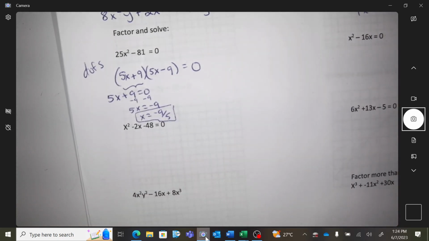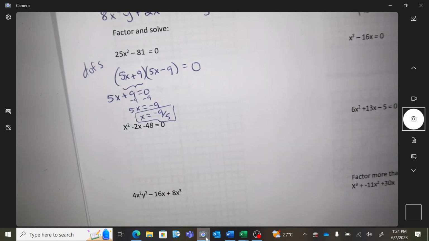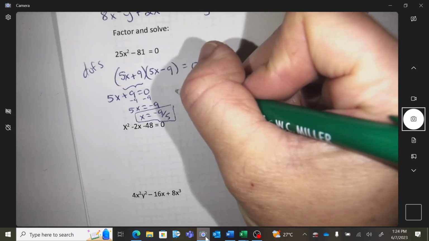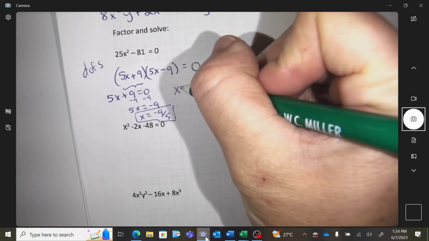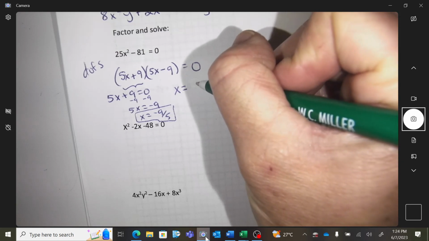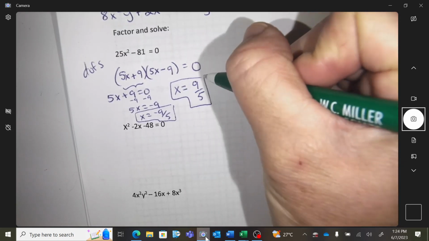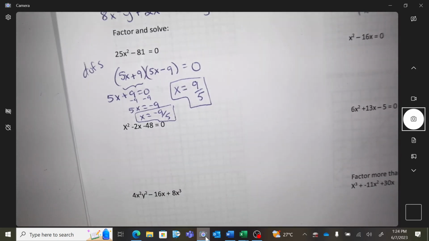And what is my shortcut? Opposite divide. It's always opposite divide. Do you see how that went? Opposite divide. So what is the solution on this bracket? Positive 9 over 5 makes that 0.